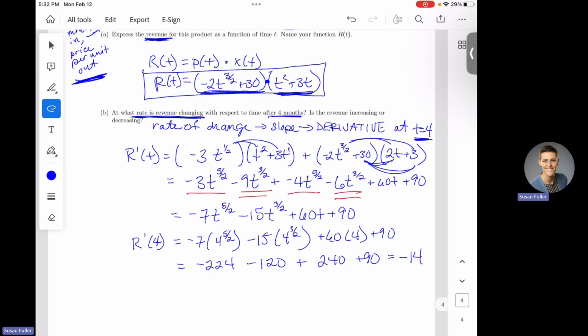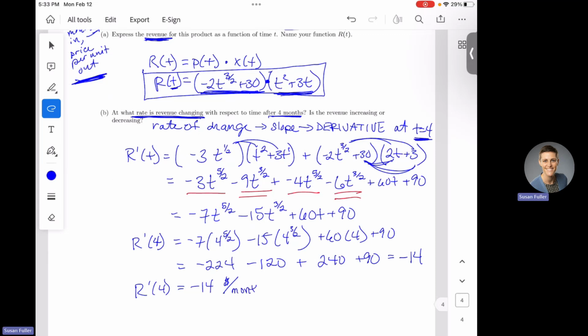So what does that mean? Well, that means the rate of change of the revenue, R prime of 4. The way that my revenue is changing is negative 14, and the units of this are the units of Y per unit of X. The units of Y in R, that's my revenue, that's going to be dollars per unit of X. My input value here is T, and T is in months.